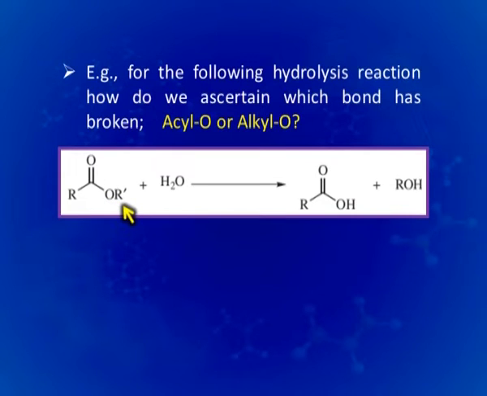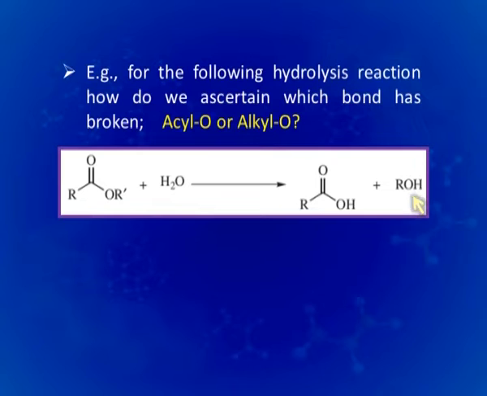So, we have two bonds which can break, by which either the hydroxy group of the water molecule can attack this carbon and give rise to the formation of acid, or the H plus ion from water can attack this oxygen. This oxygen may take the H plus ion, form OH, and hence give rise to the acid and the formation of alcohol.